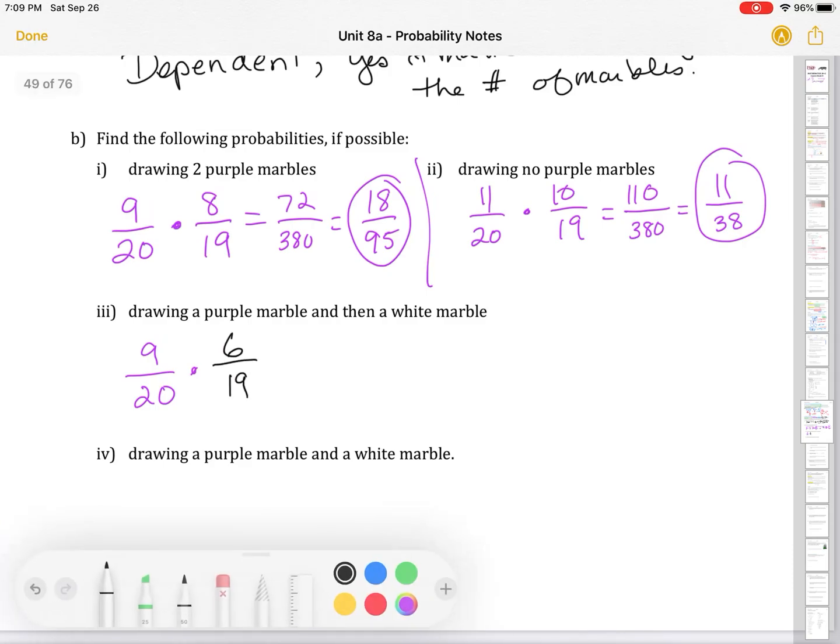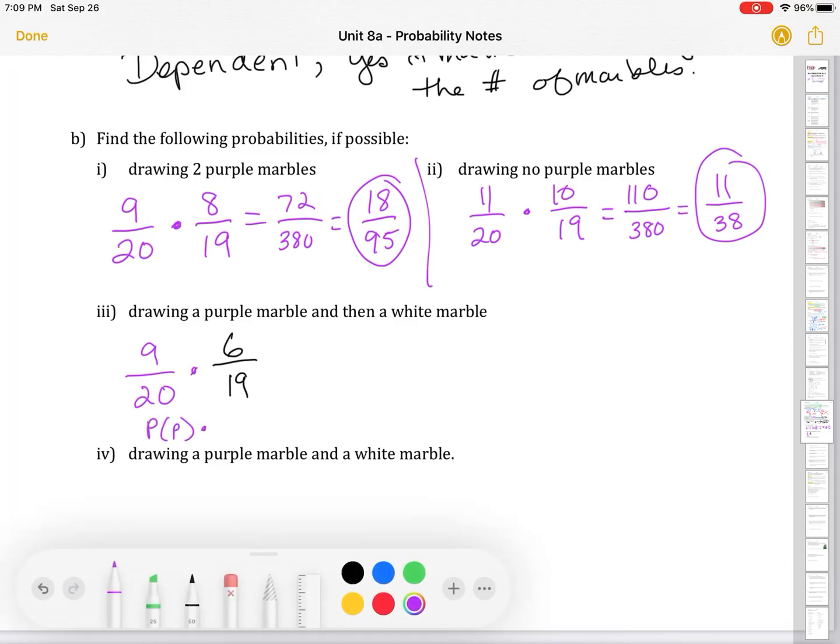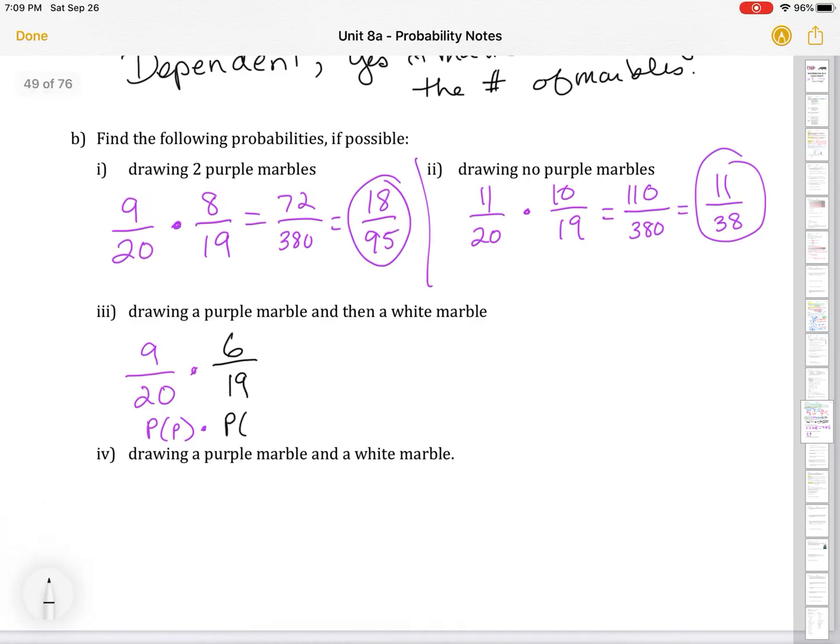Drawing a purple marble, then a white marble. So we draw our purple marble, and then we draw our white marble. So we have 6 white marbles, but now we only have 19 in total, right? So this is probability of purple times probability of white if we pulled a purple, okay?